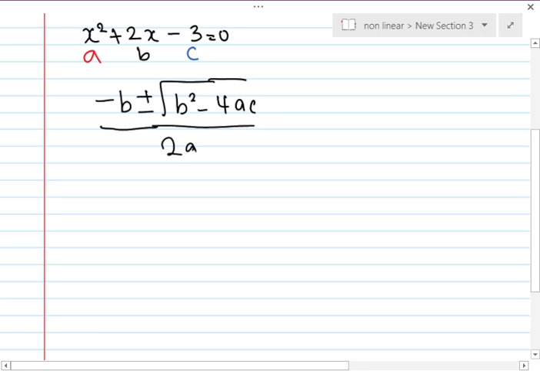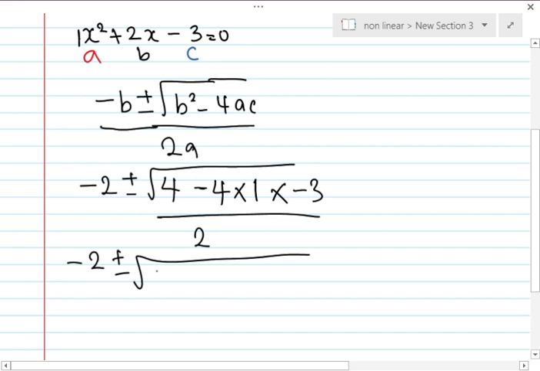So we have our b as 2, so minus 2, plus or minus, you put your square root. What's your b again? 2 raised to the power 2, that's 4, minus 4 times a. The a we have here is an invisible 1, times c. What's our c? Minus 3, all over 2 times 1, that's 2.